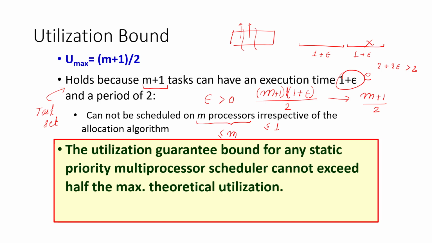So here the utilization cannot exceed half of the maximum theoretical utilization, because the maximum theoretical utilization is M, and this is (M plus 1) divided by 2. All right. That's the broad idea: RMS on a single uniprocessor, the lowest it can go down to is 69.2%. But here even something very close to 50% is not schedulable.